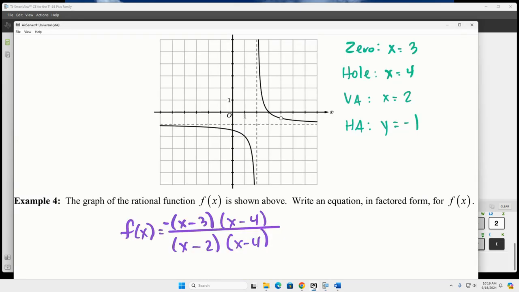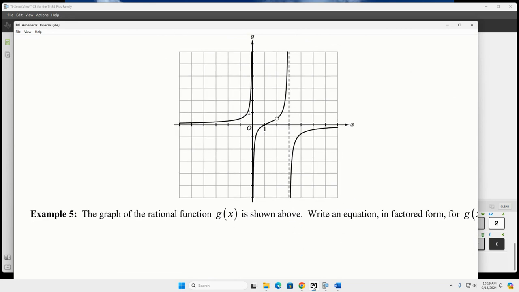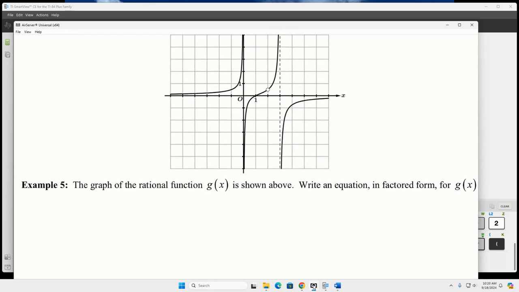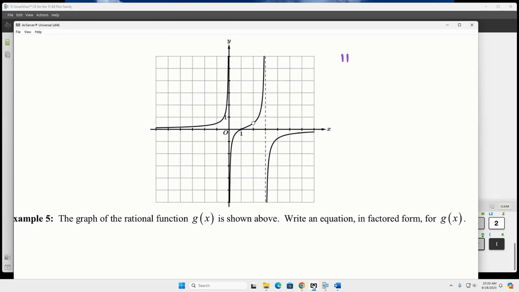All right, this next one is a little bit more difficult. Anytime the horizontal asymptote works out like this one, it is slightly more difficult to get the right answer. But let's just go through and find all the things.